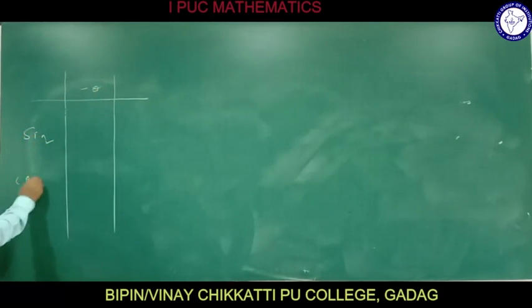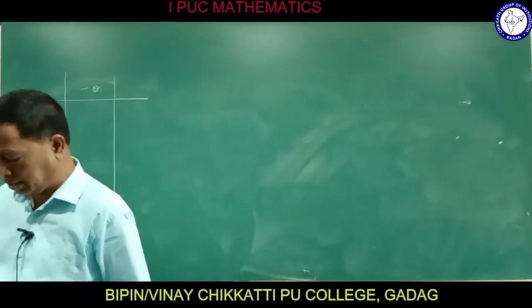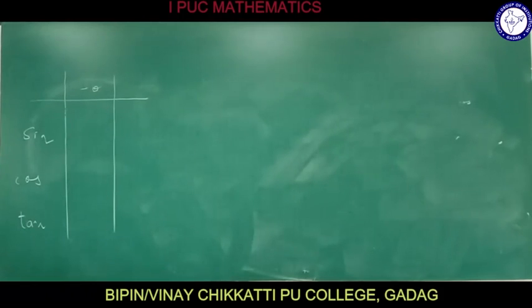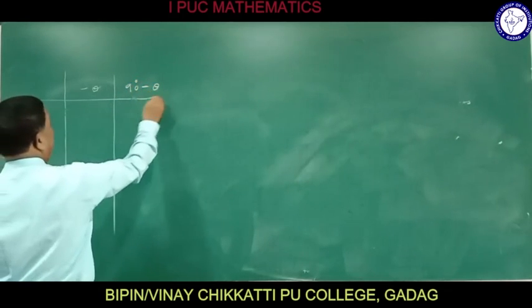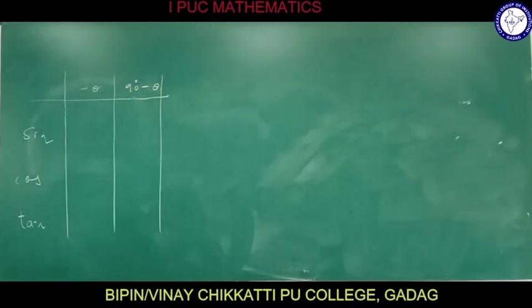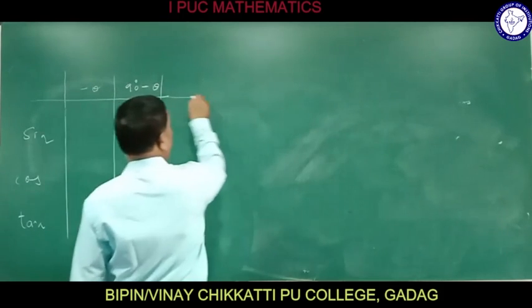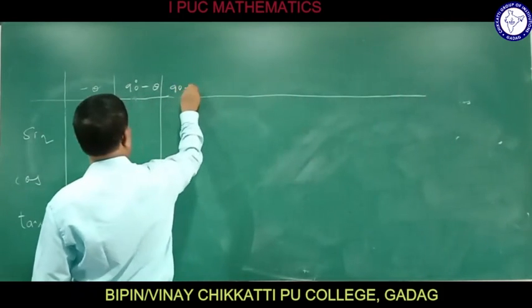Sine, cos, tan only I have to discuss. The first allied angle we take is minus theta, and next is 90 minus theta. Either you write in radian or degree, 90 minus theta. Next, 90 plus theta.